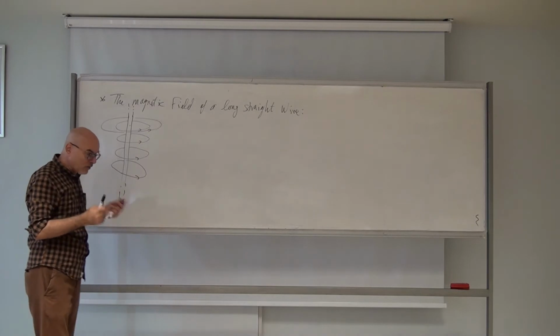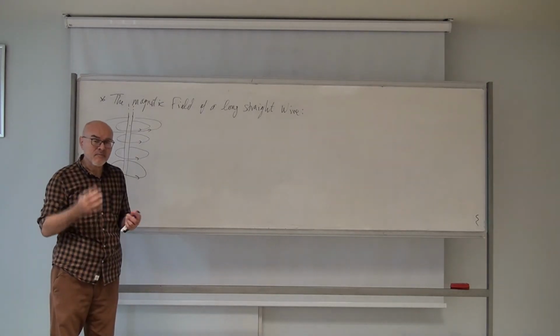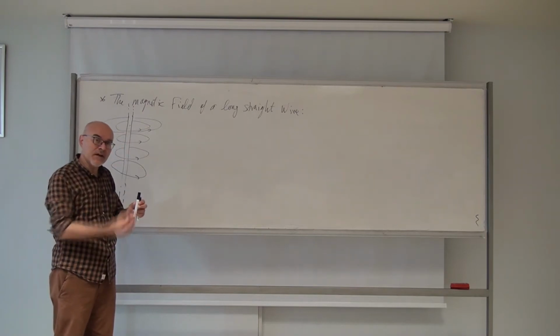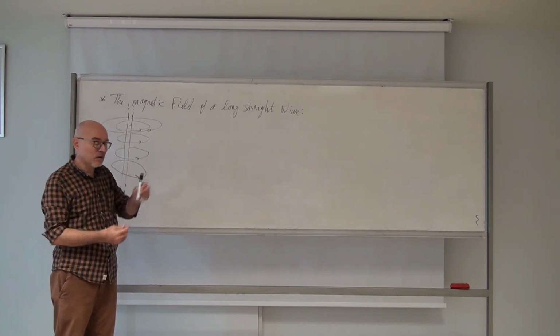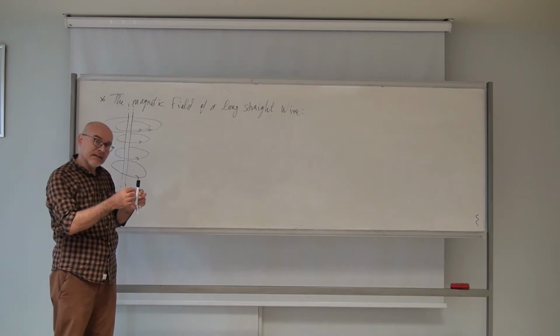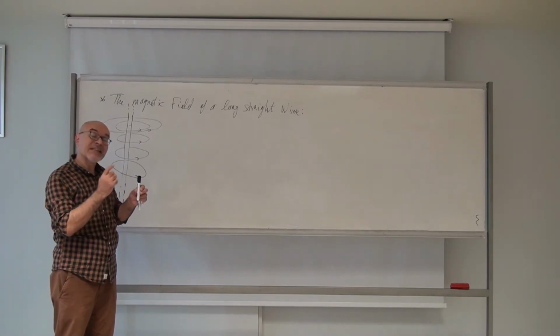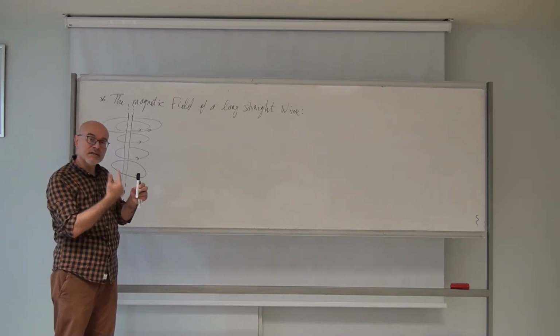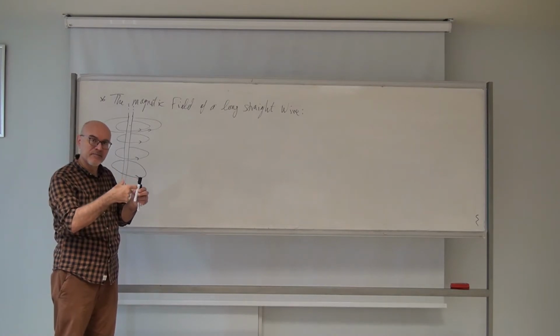So what we know from symmetry is that when you have a long wire with a uniform current passing through it, then the magnetic field lines are circles centered at the wire, and so the magnetic field is constant on each of these circles, okay?